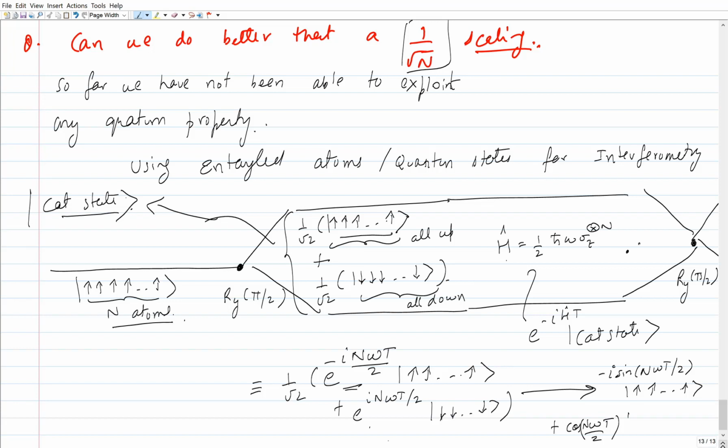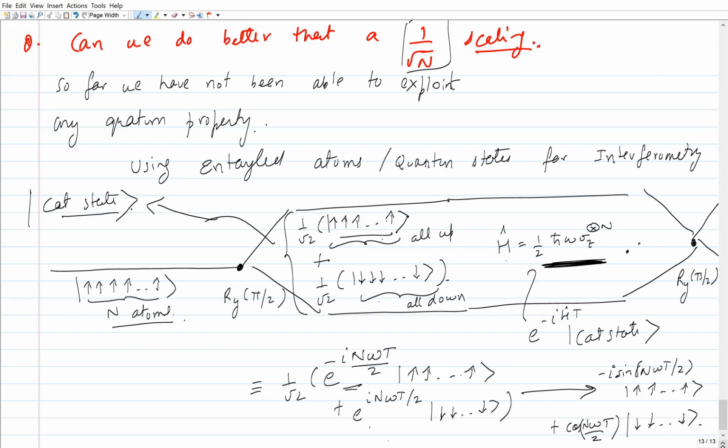You already noticed one interesting thing that has happened: the way we have set up this protocol using entanglement, using this Hamiltonian and simultaneously exploiting the superposition of all of them, each of these spins gives a contribution of minus omega t by 2 to the phase, and n of them give me n.